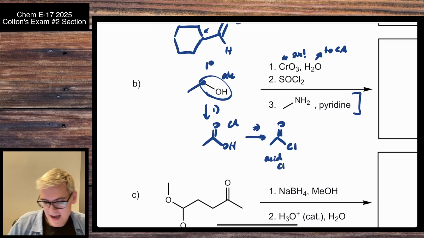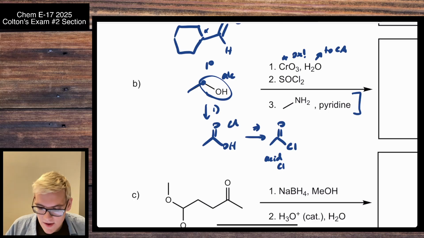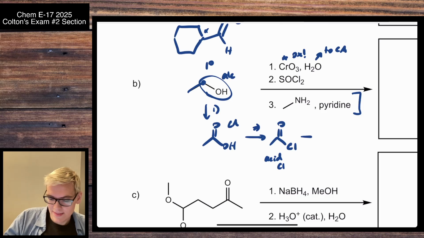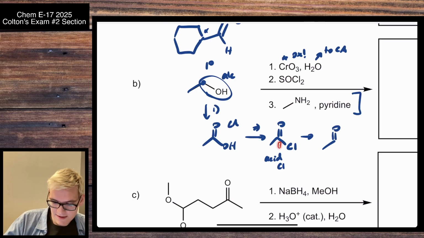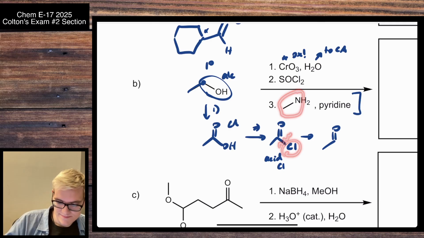Then we have an amine and pyridine. Pyridine is just our solvent here that acts as a very weak base. And here our amine with an acid chloride is just going to form an amide. So we're keeping everything the same over here, but swapping off our chlorine for nitrogen with a methyl.